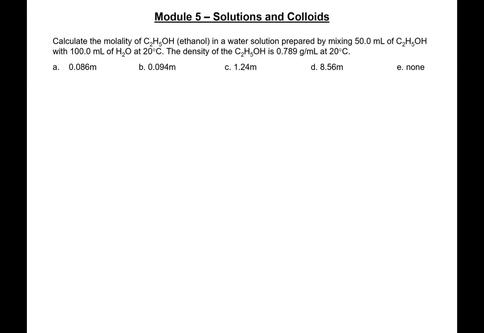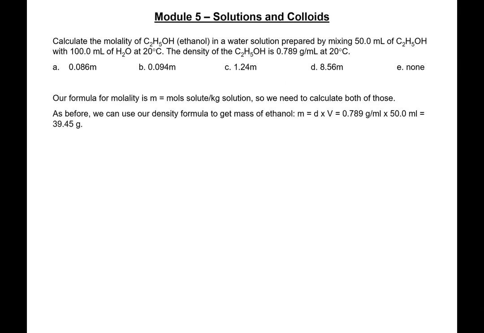And they give us the density of the ethanol, so the ethanol, not solution, but the ethanol is 0.789 grams per milliliter at this temperature. And they give us 5 choices. Okay. Our formula for molality is moles of solute divided by kilograms of solution. So again, we're going to need to calculate both of those components.